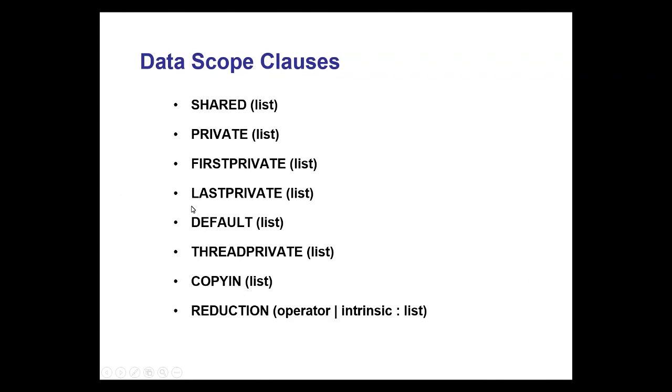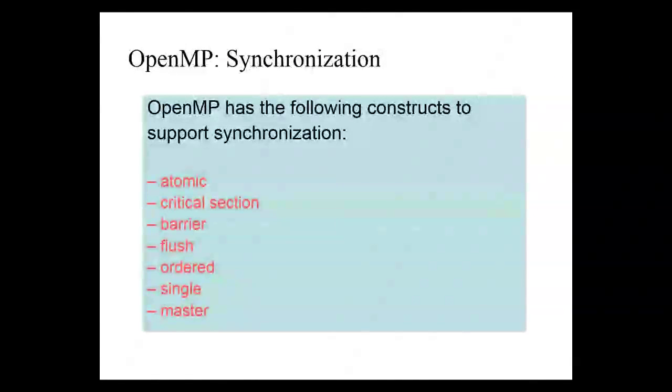It has some nice support for simple operations, such as copying, and it has reduction operators in OpenMP that will do a good job for reductions. Okay. And then in terms of synchronization, there are several ways to do it.